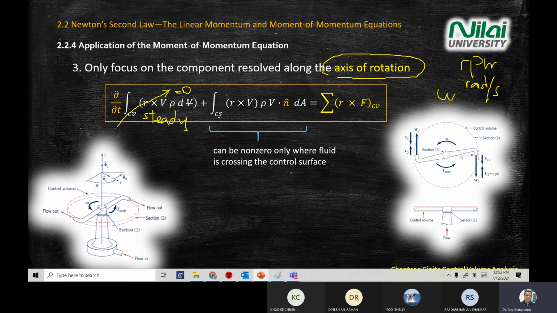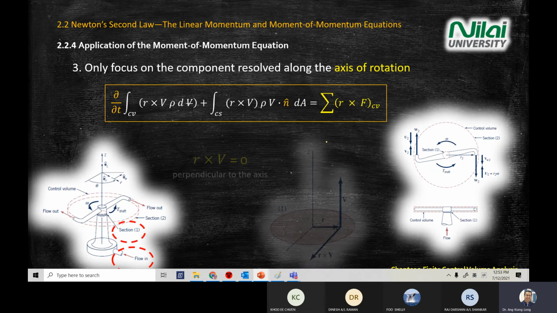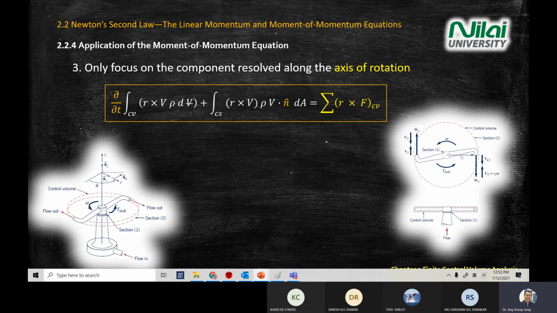Let's look a bit more. You can see I'm highlighting something in the left-hand corner with a red circle. I highlight the flow in, section 1. Your flow comes from below, goes into section 1, and contributes to your 3D control volume there.